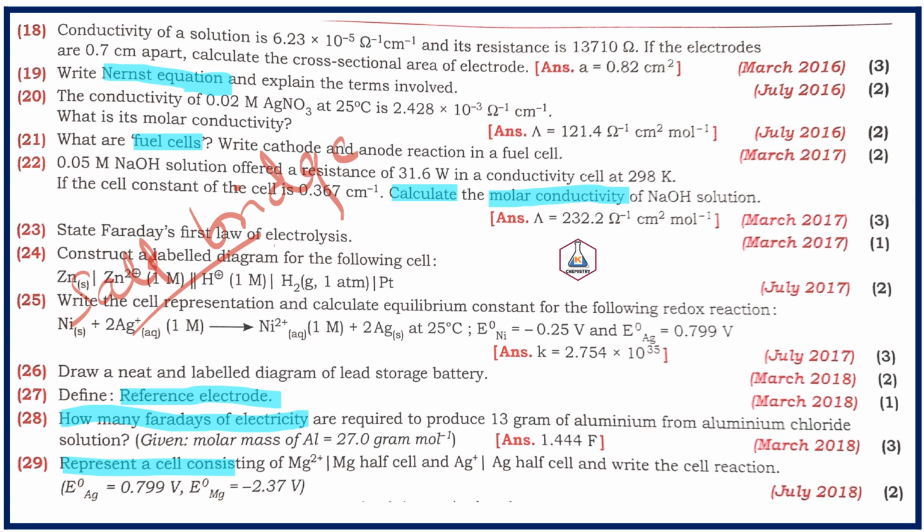Then, importantly, the functions of the salt bridge. After that, practice how to write half cell reactions and the complete cell reaction for a given set of electrodes. Then standard potential, electrode potential, standard electrode potential.